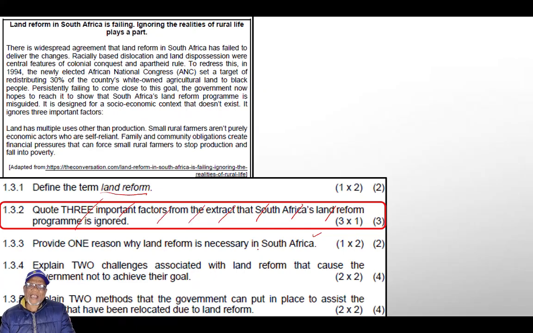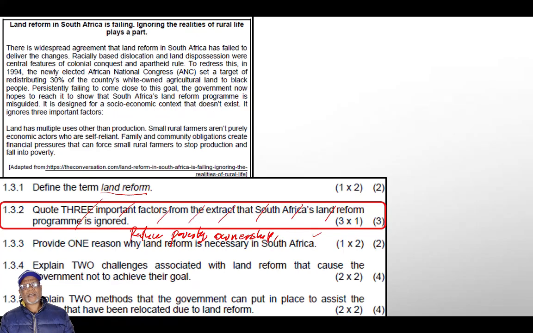So there are a number of reasons. Number one is to reduce poverty. Number two is for people to own their own land. And then what will people do when they own land? They can produce their own food. So this does not have a specific answer.